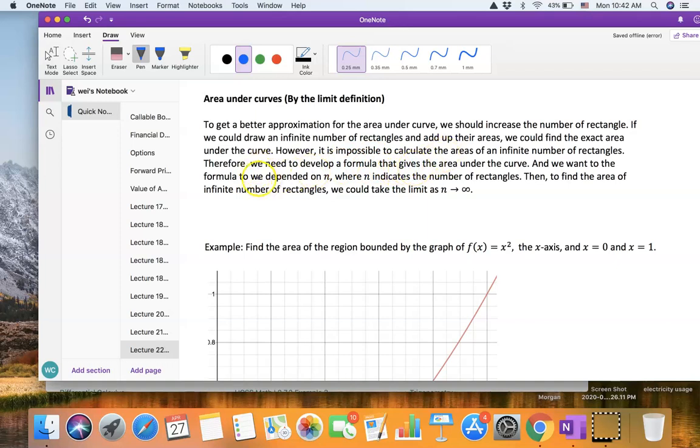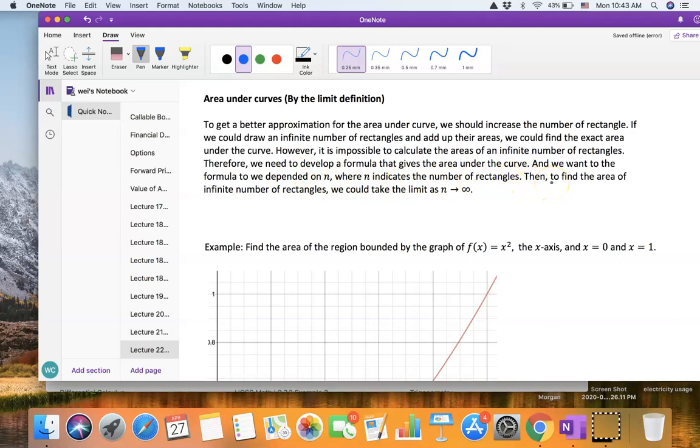So therefore, we want to develop a formula that gives the area under the curve. So we want to start developing a formula using n rectangles. Okay, so here n indicates the number of rectangles.